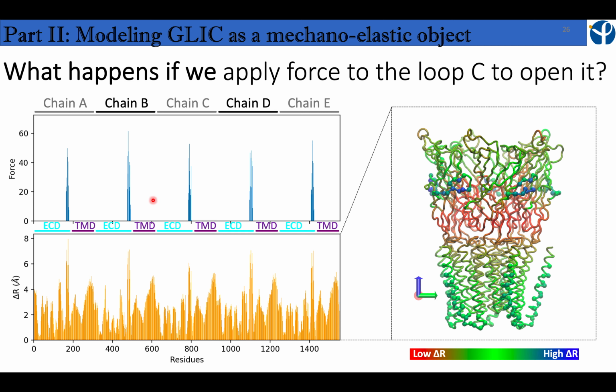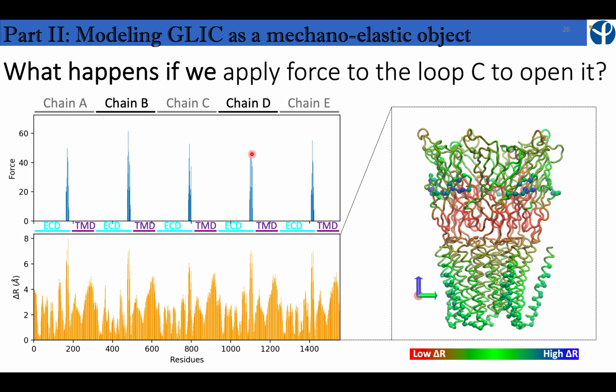The amount of force is not identical between the different chains, subunits, but it is more or less very similar. The force is proportional to the delta R between the closed conformation and the open conformation. So that's the reason it's not the same for all atoms.